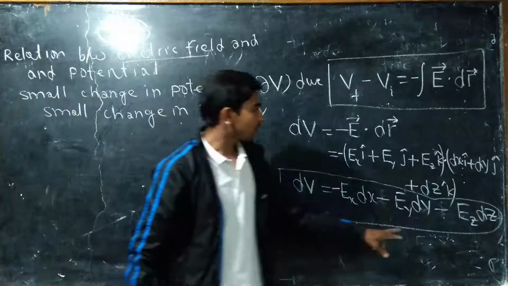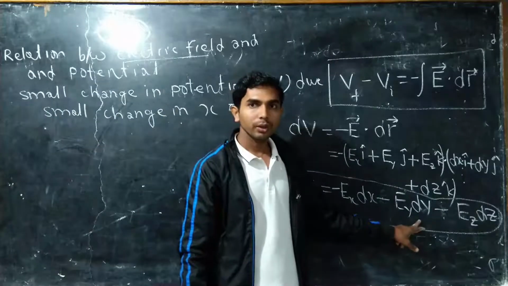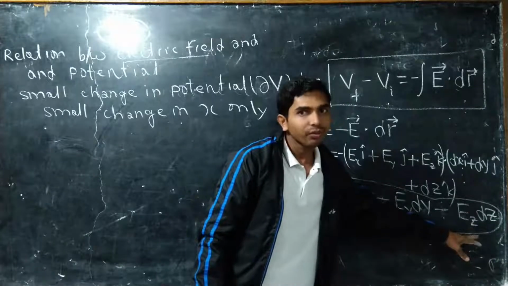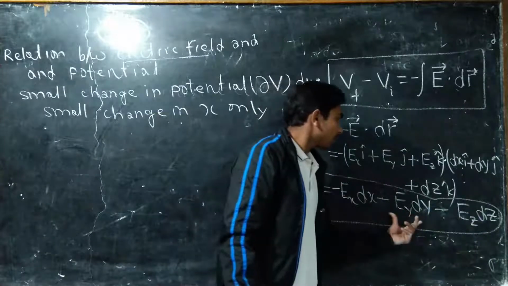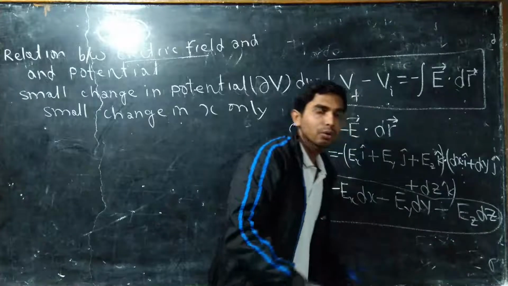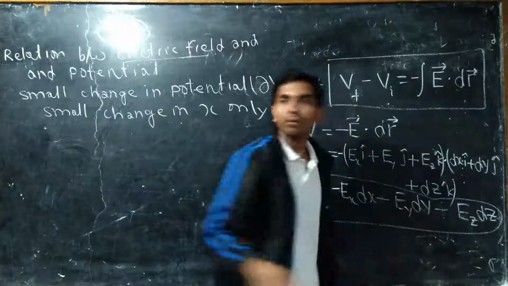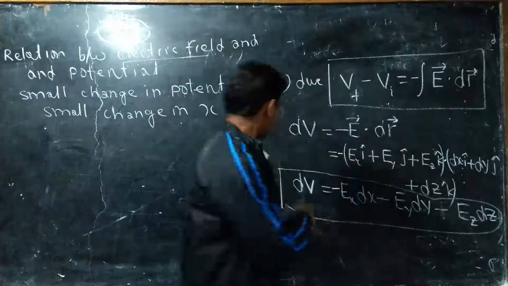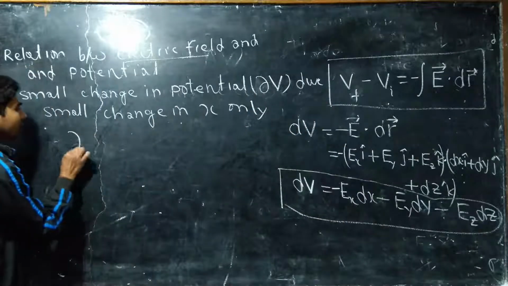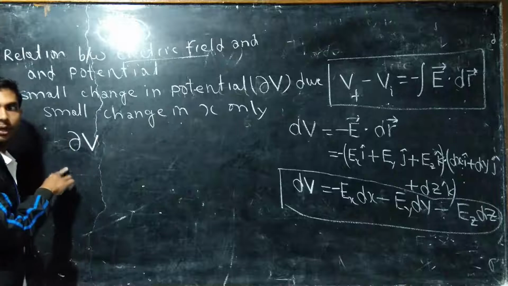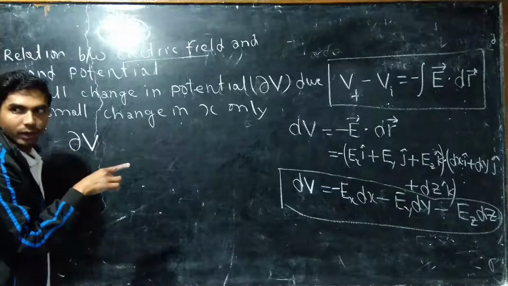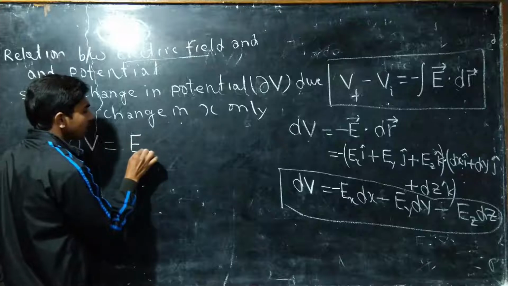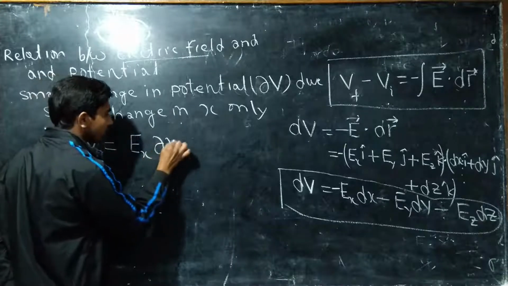That means there is no change in y, so dy is 0, and there is no change in z, so dz is 0. So this term is 0, this term is 0, because only x is changing, y is not changing. So we can write a small change in V is dV due to change in x, and a small change in x is del x.